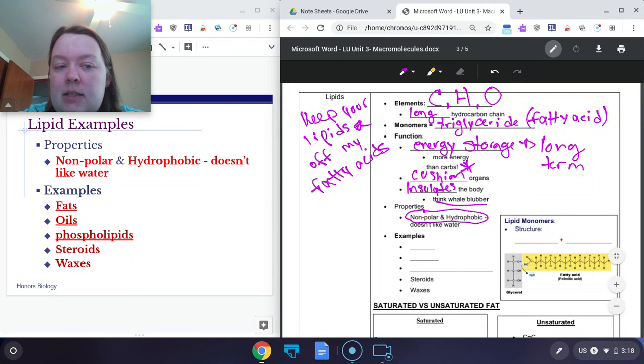So anything that does not mix with water is going to fall in the category of hydrophobic and is more likely than not going to be a lipid. Examples of these are fats, oils, waxes, steroids, and in our cell membranes, phospholipids.